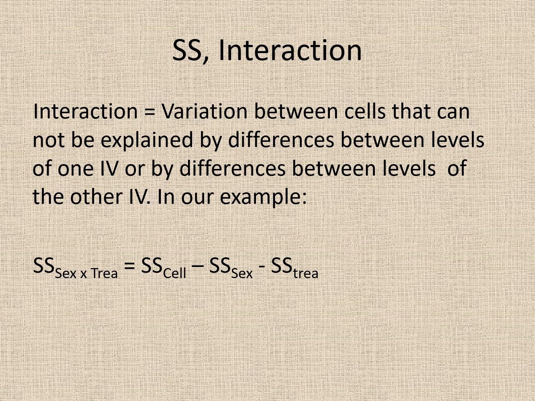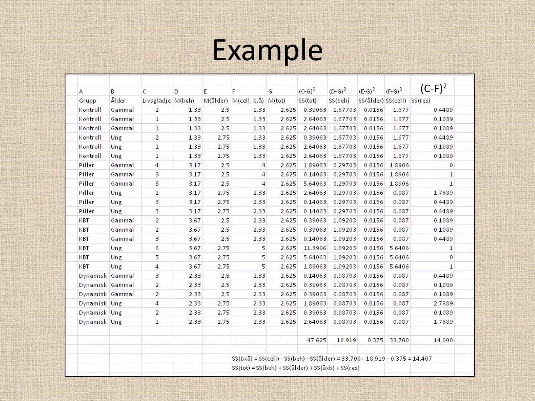Here's another example of how to calculate the two-way ANOVA, now with actual numbers. In column A here we have people in four different treatment groups. We have a control group, a pill group, a cognitive therapy group, and a dynamic group.